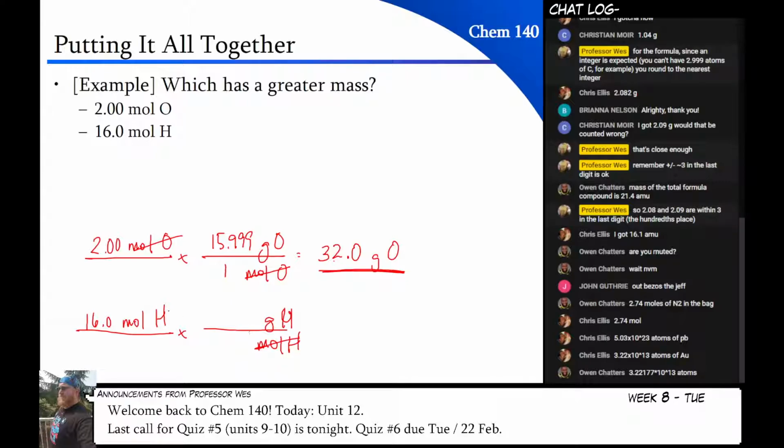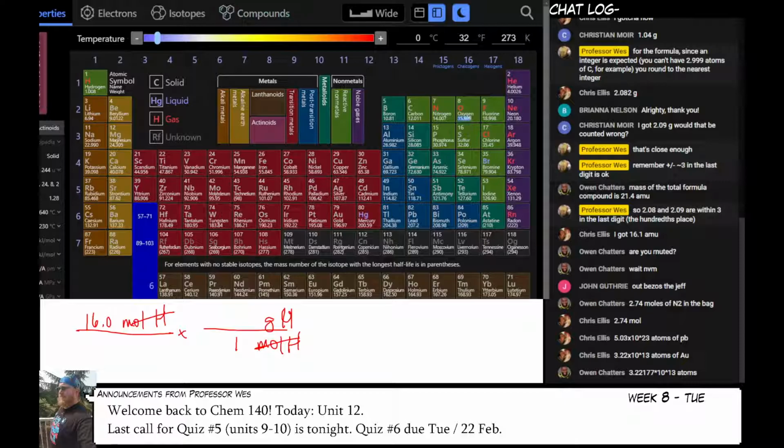I was going to write O for some reason. Well, according to the periodic table, hydrogen weighs 1.008 per mole, so we'll write that down too.